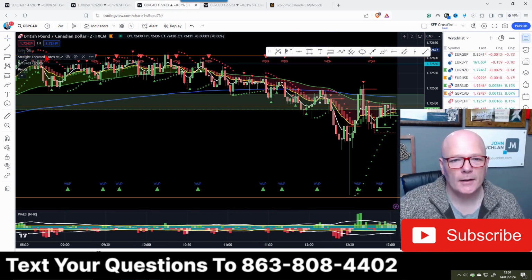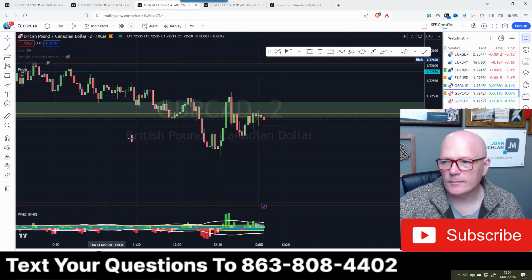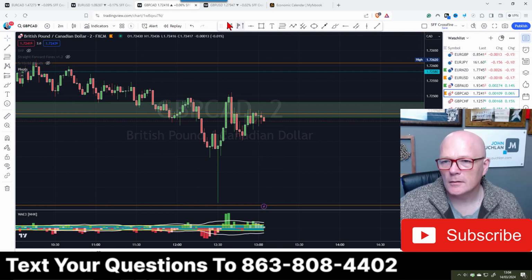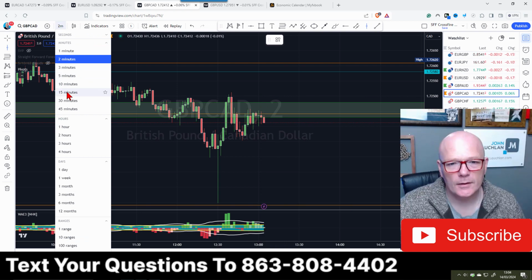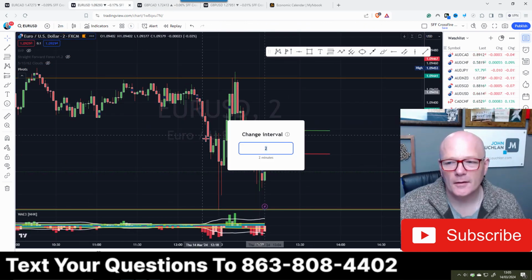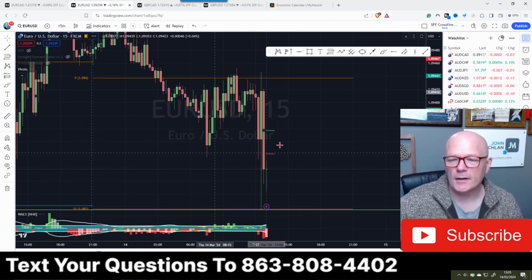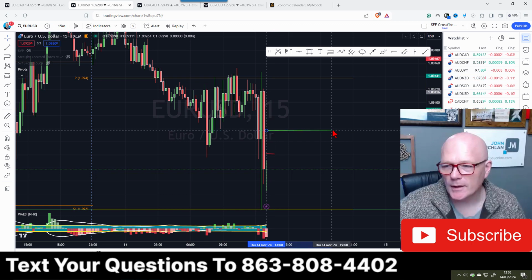So GBP CAD. Take off the indicators. Why is that moved? I'll put that on the 13. Oh, I need it on 15 minutes. Let's go and check that was on 15 minutes as well. No, it isn't. 15-minute time frame. Let's see how ridiculously small these are now.